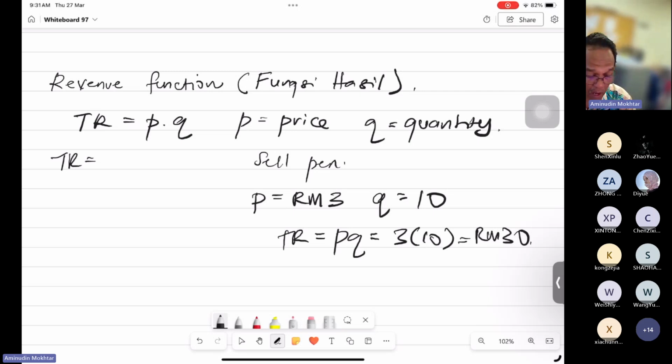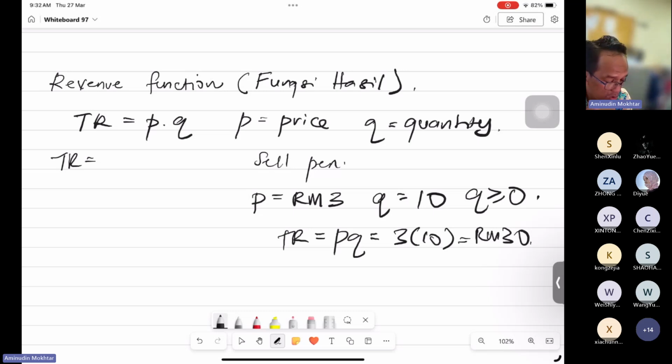But now I would like to share with you that the amount of TR is subject to the two elements P and Q. Since P is fixed, we consider P is fixed. Q is variable. Then the value of Q can be 10, 11, or any value as long as Q is positive. Q must be positive. They can take any value, number or quantity.